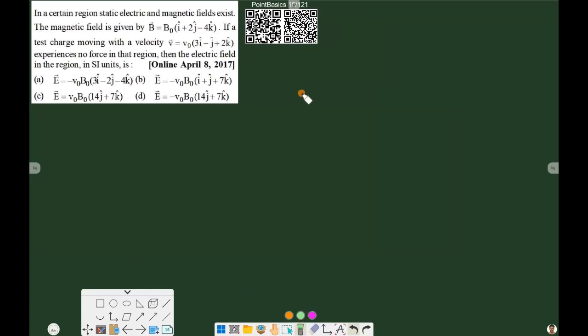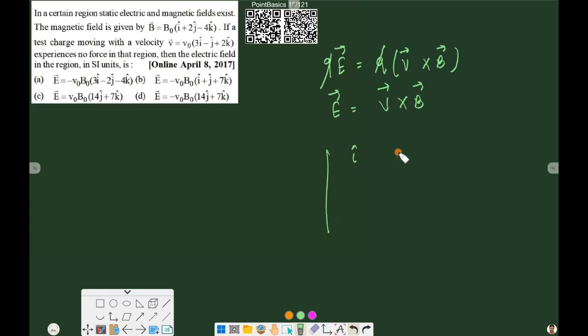it means that electric and magnetic forces are balanced. So we can say qE is equal to qv cross B. The q gets cancelled, so the electric field will be the cross product of velocity and magnetic field. So we take the cross product: i j k.